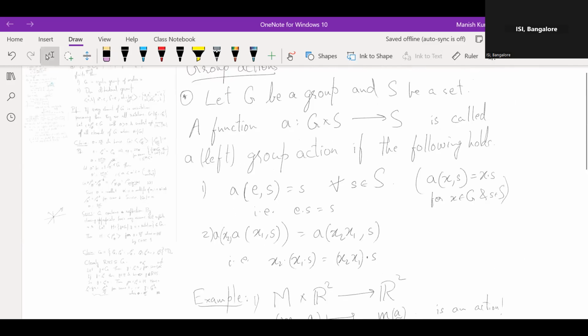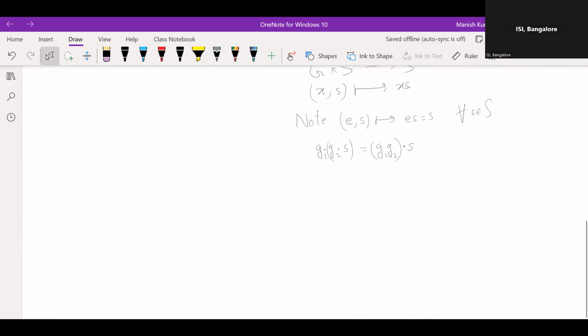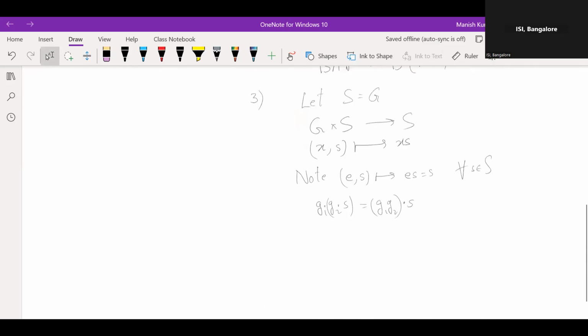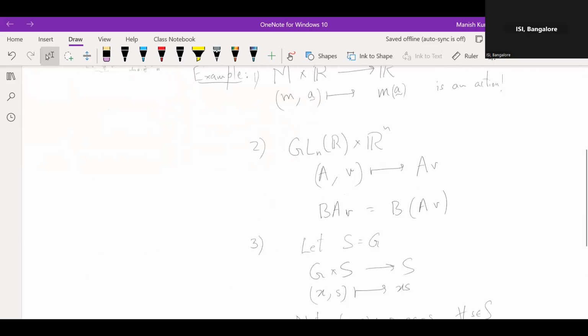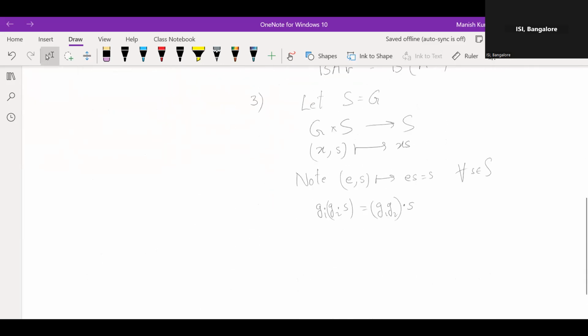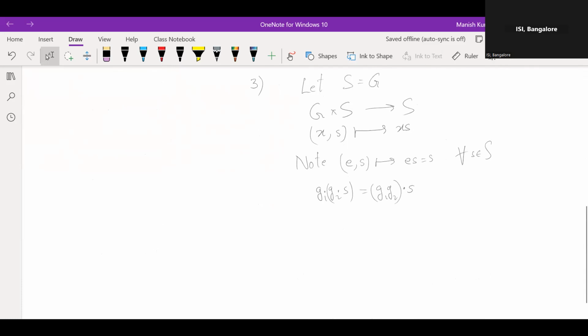I guess I can't make it any smaller, but yeah. Now there are some words about terminology for this action. Let me introduce that.